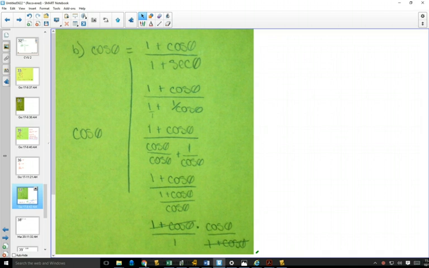Yes, it's 2 things, but you could write it as a single fraction all over 1. That 1 plus cos theta on the top is the same as 1 plus cos theta over 1. And so then you do have a single fraction on the top, a single fraction on the bottom. You can multiply by the reciprocal. The 1 plus cos thetas cancel out, and boom. Your left side is equal to your right side.